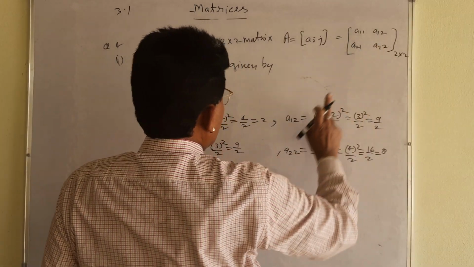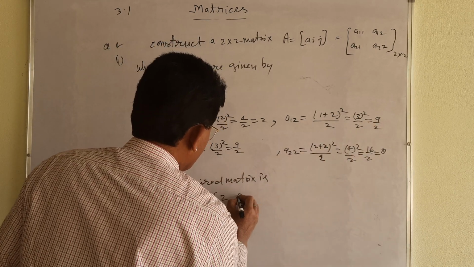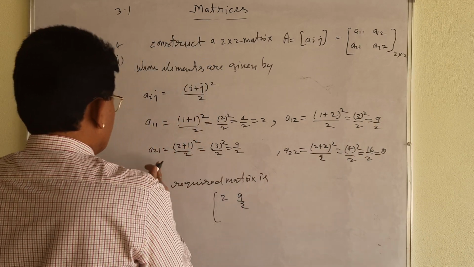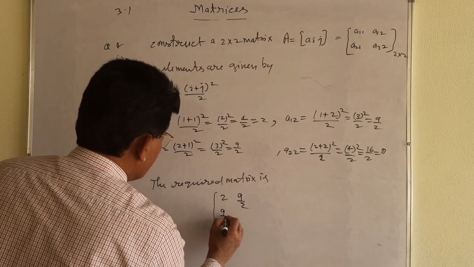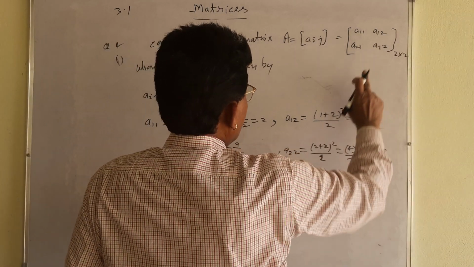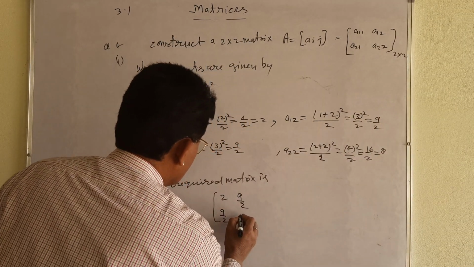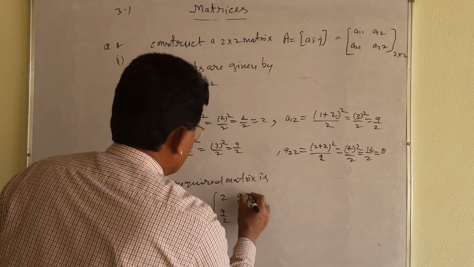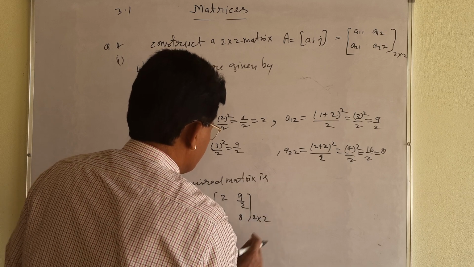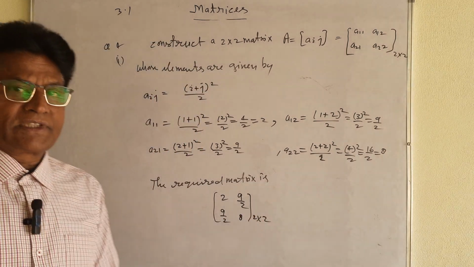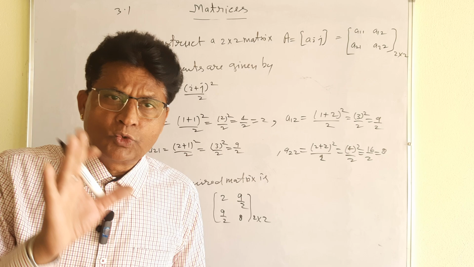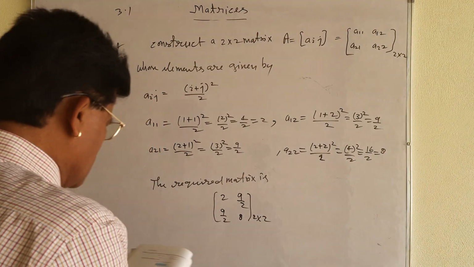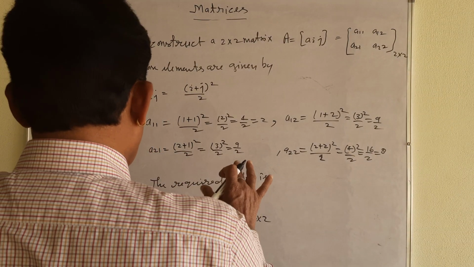Then second is A12, क्या लिखेंगे? 9 by 2. Okay, A21, that is also 9 by 2. और A22 is 8. My dear student, it is the 2 by 2 matrix. 2 rows, 2 columns. Similarly, you can find out the other matrices.